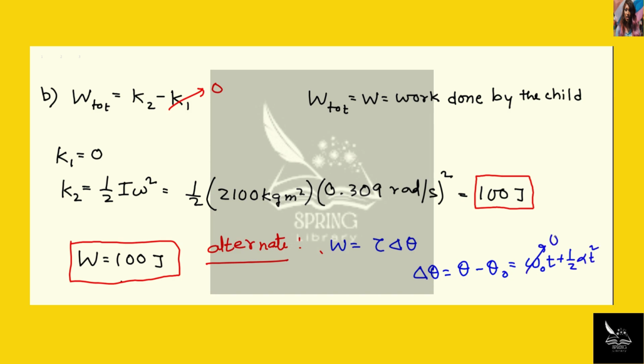And this first term is 0 because initial angular speed is 0. So theta minus theta 0, or delta theta, is half alpha t squared. So we know alpha, we know t. So if we put the numbers here, we will get delta theta. So if we multiply delta theta with the torque value, we should get 100 joules as our answer. So that's an alternate method that you can try and see if that matches this value or not.